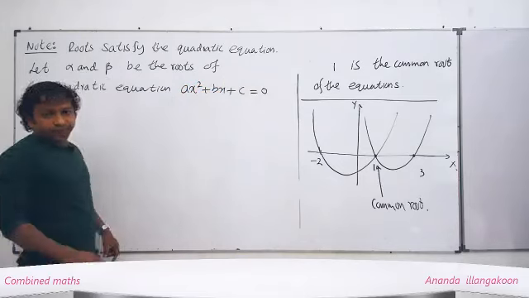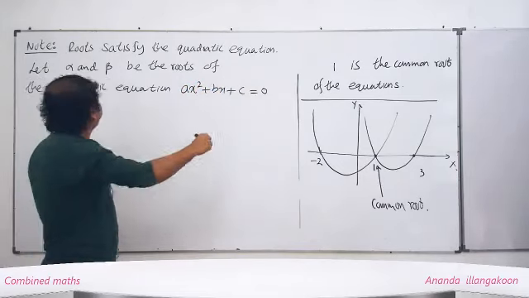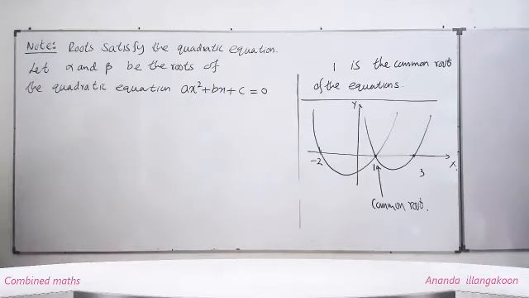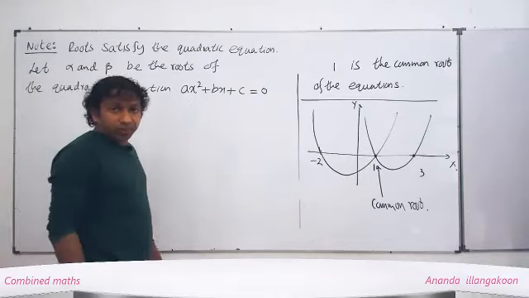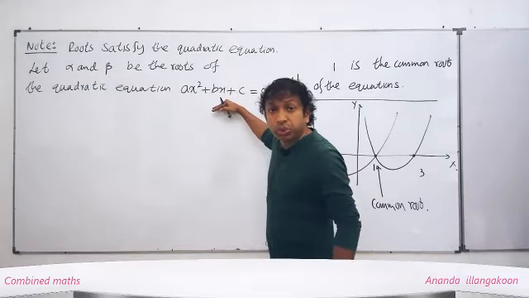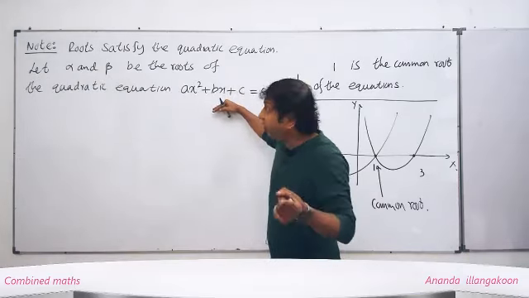Right. Write down this. Let alpha and beta be the roots of the quadratic equation ax squared plus bx plus c equals 0. Of this quadratic equation, people, the two roots are, one is alpha, the other one is beta.